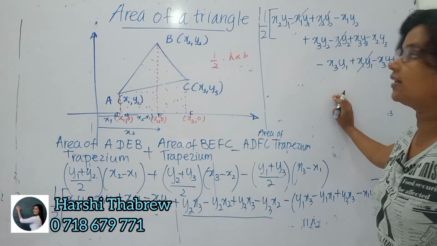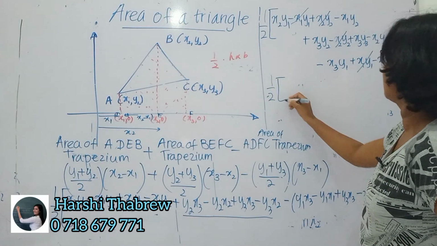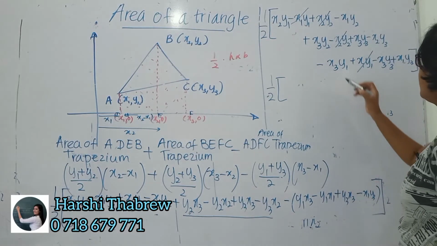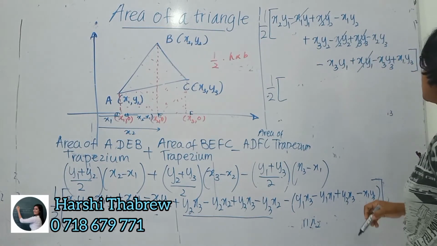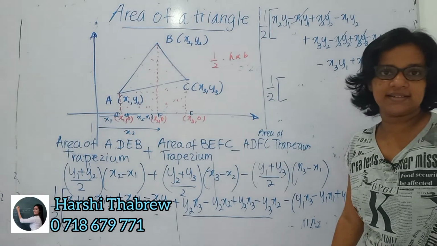Then I can simplify half times, then the positive x3 y3, negative x3 y3, altogether 6 terms are cancelled.